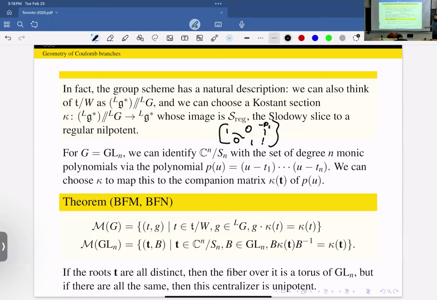It's the stuff that commutes with a diagonalizable matrix. But if all of them are the same, in fact, this centralizer is, I lied, it's not unipotent because it's got the scalar matrices in it, but it's the scalar matrices times a unipotent thing. So basically, as more points come together, this group becomes more and more unipotent.